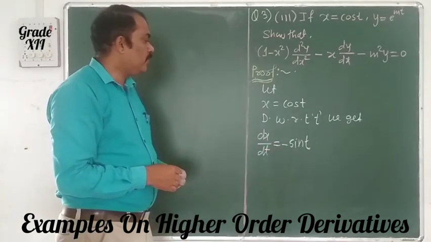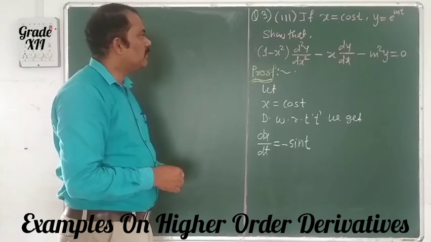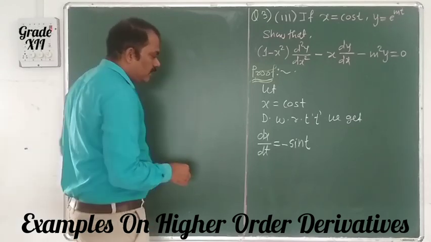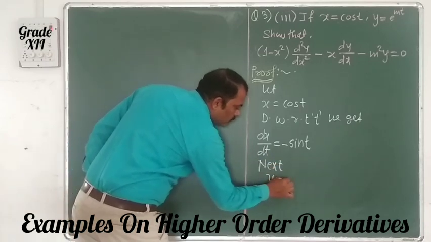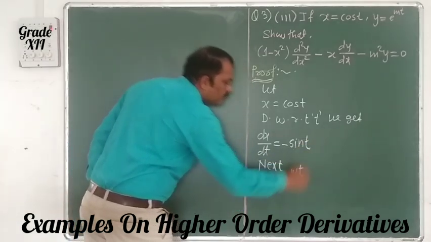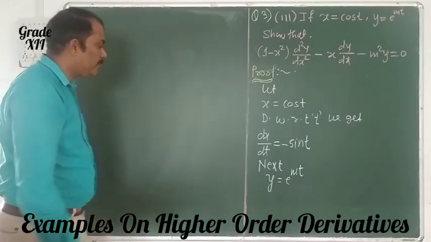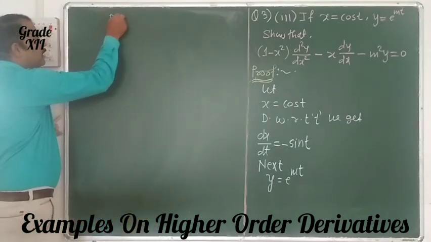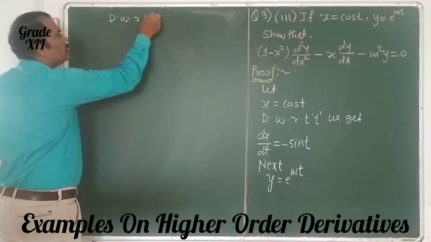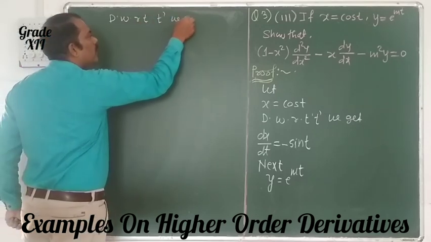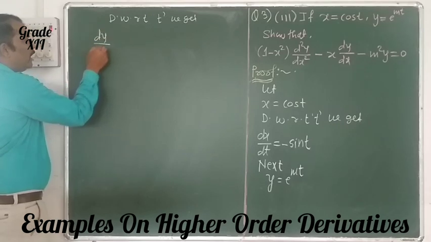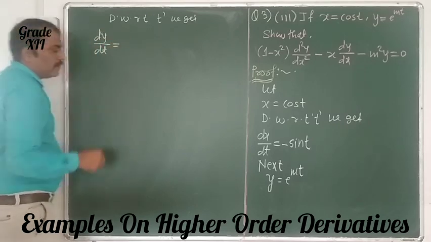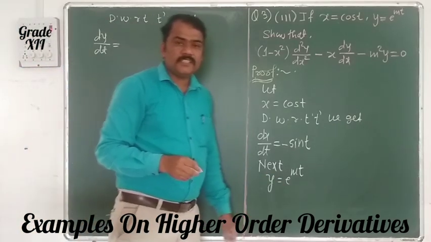At the same time we have to find dy/dt. Next, y is equal to e^(mt). We differentiate with respect to t, and we get dy/dt. First we keep the e as it is. What is the derivative of e^(mt)?